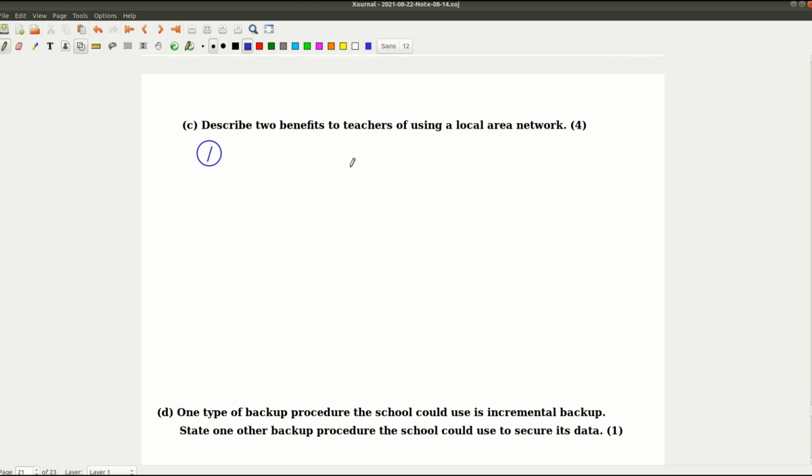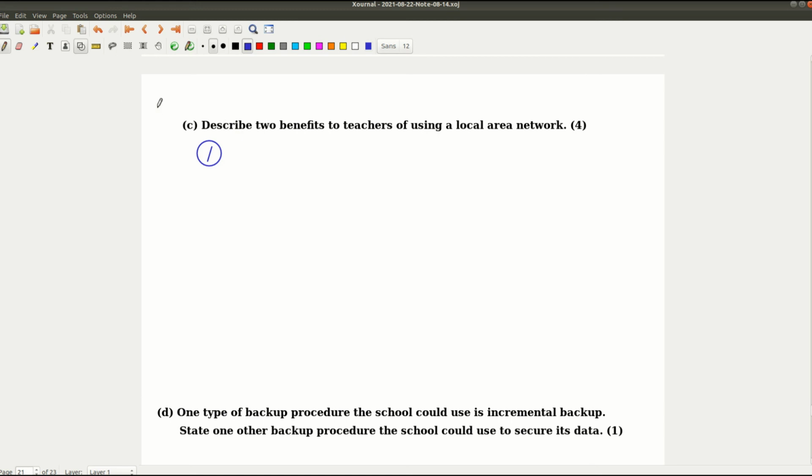Okay, another can be, you can easily communicate using email also, and besides that it provides security, because this is the network that only the people who are living in your home are using.